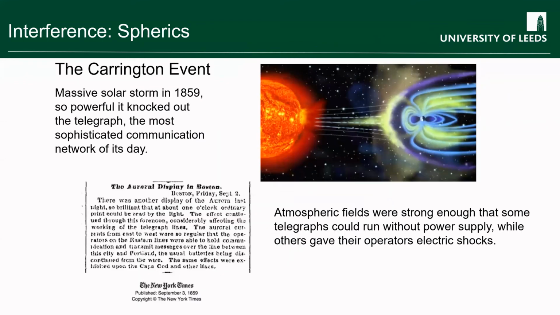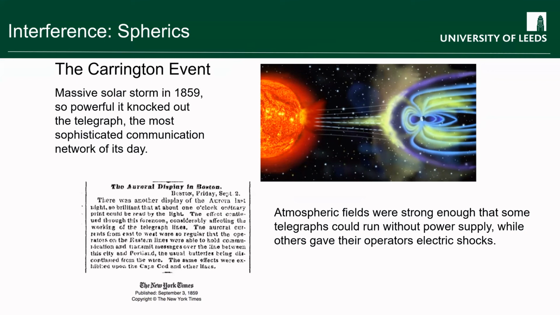So I mentioned the problem of solar activity. This came to bite in the 19th century when a powerful solar storm knocked out telegraph signals, which was state-of-the-art communications of the day.